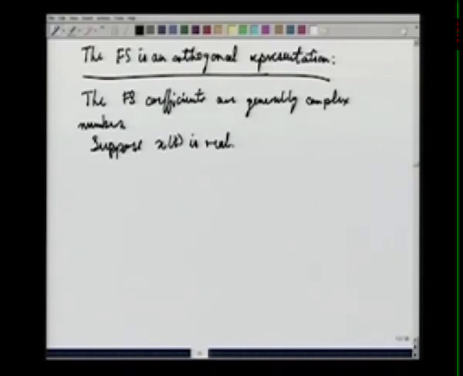That means the Fourier series evaluated over all the values of k should add up to a real number equal to the value of x t for all t between 0 and capital T, that is for all t's over one period.